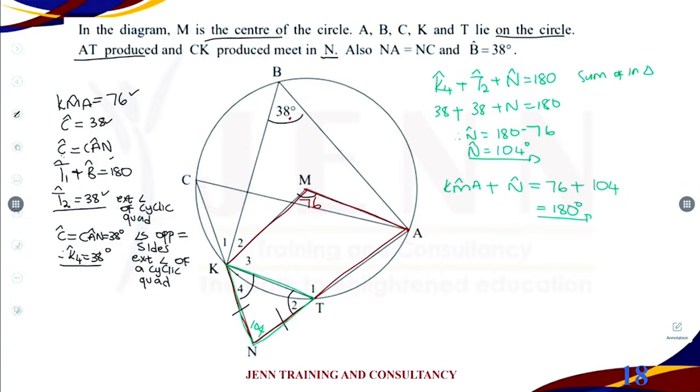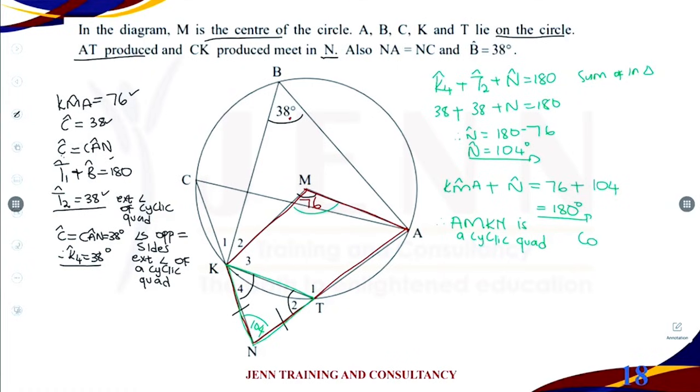So now that I have proved that the opposite angles are supplementary, what does it mean? It simply means therefore AMKN is a cyclic quad. And the reason for that, you will use converse of opposite angles of a cyclic quad.